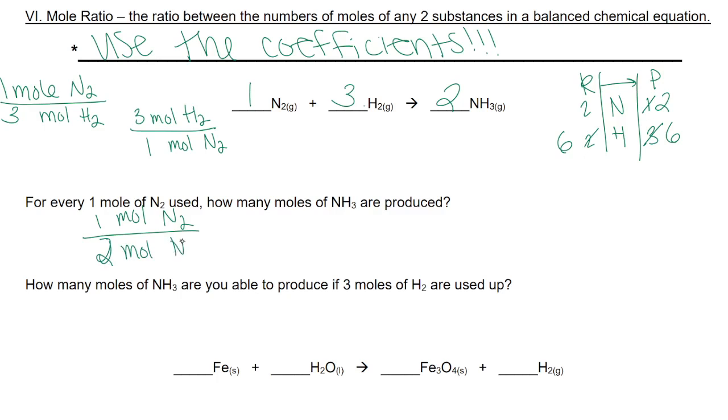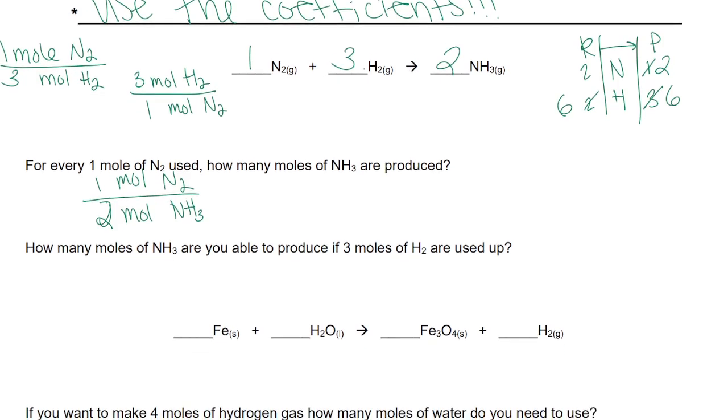It is just about reading your coefficients. How many moles of NH3 are you able to produce if 3 moles of H2 are used up? If I start with 3 moles of H2, how many moles of NH3 did you produce? 2.